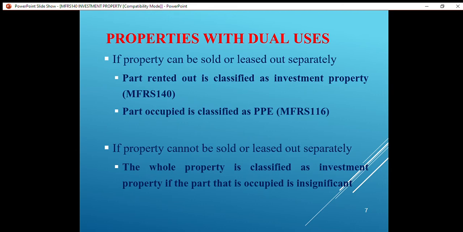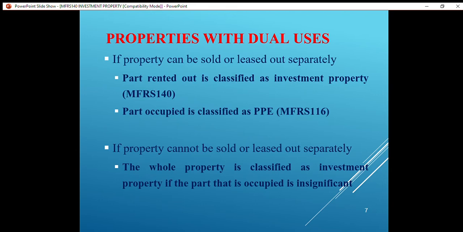Let's say, in my example just now, one building has 10 stories. The first 2 stories are used for owner occupied or for administrative use. So only 20% of the building is used for owner occupied. So 20% shall be considered an insignificant portion.